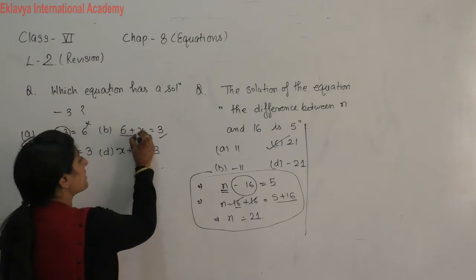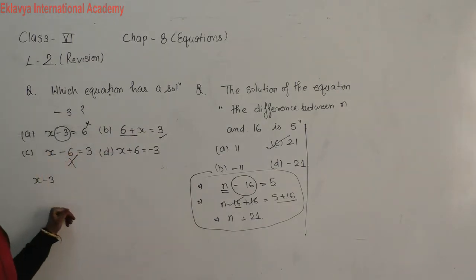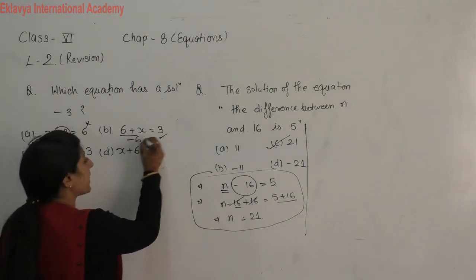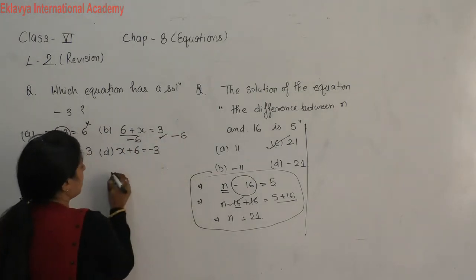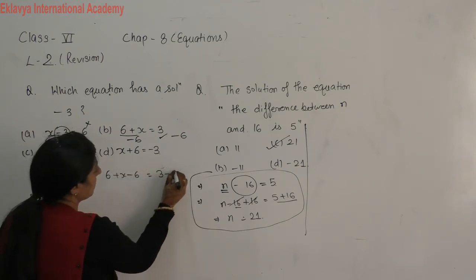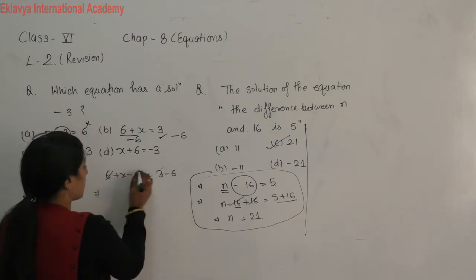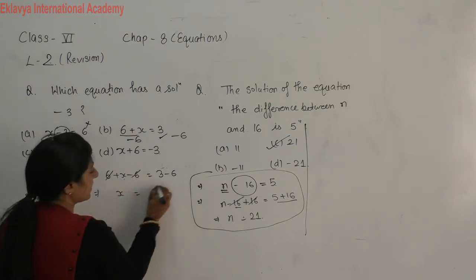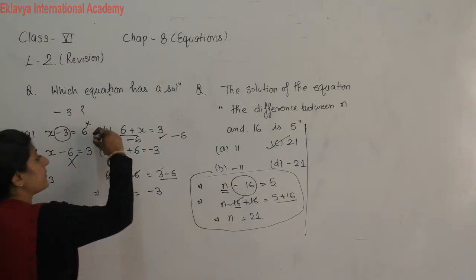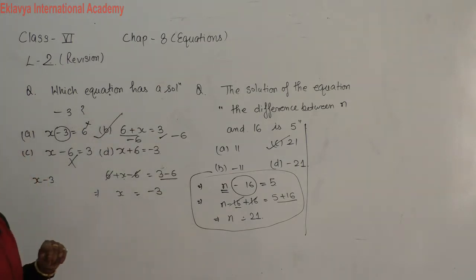In this, 6 plus x, we have to subtract 6 on both sides. Then it becomes 6 plus x minus 6 is equal to 3 minus 6. Cancel out, remaining x here, and this becomes minus 3. So we can say that this one is our answer.